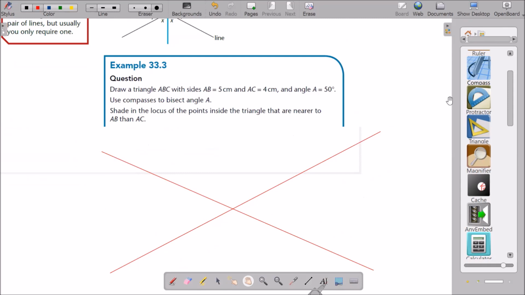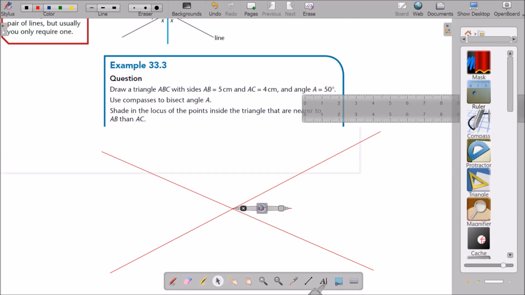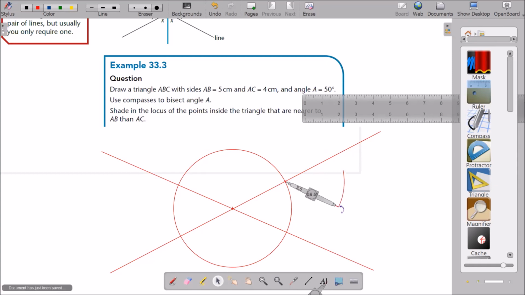How do we do that? We need a compass and a ruler. Let's put our first arc here. Then we move our compass here and our compass there.